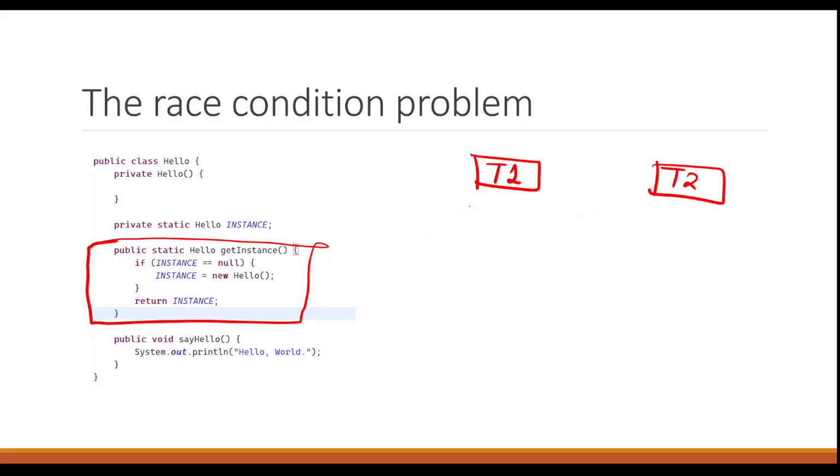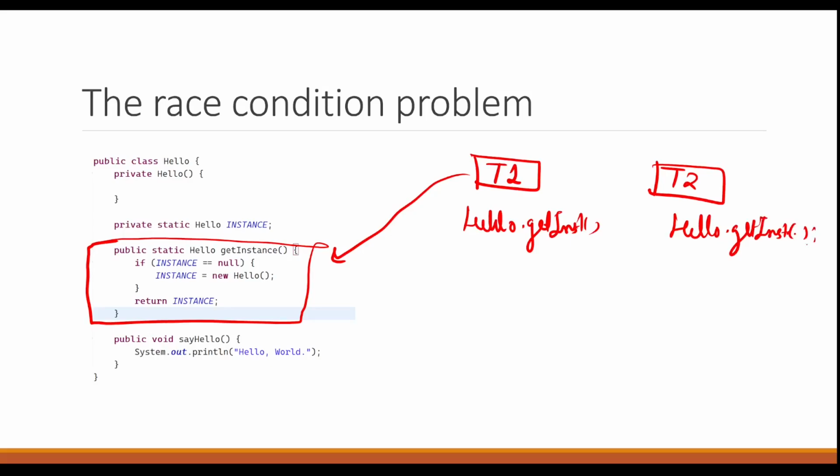And both of these threads simultaneously call the getInstance method, which is like Hello.getInstance. And this also calls Hello.getInstance, and they both call it simultaneously, almost at the same time.